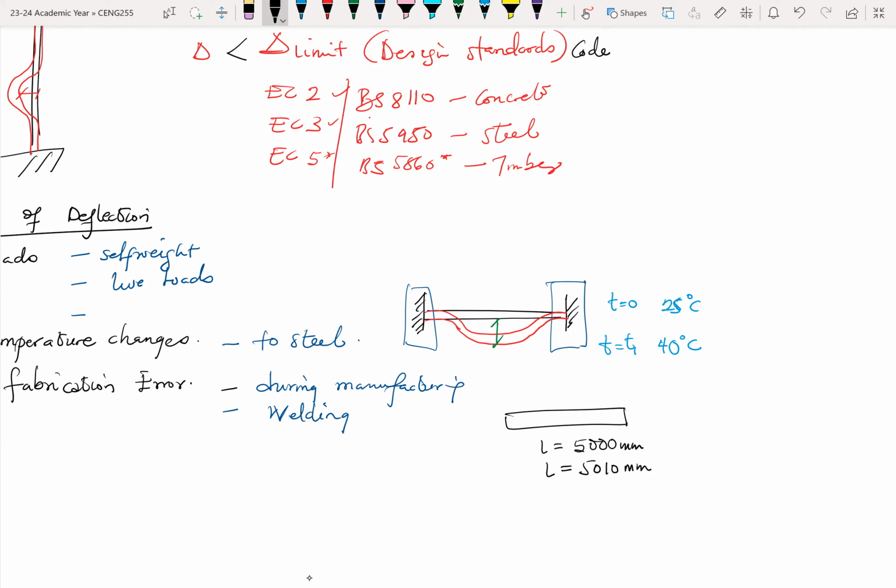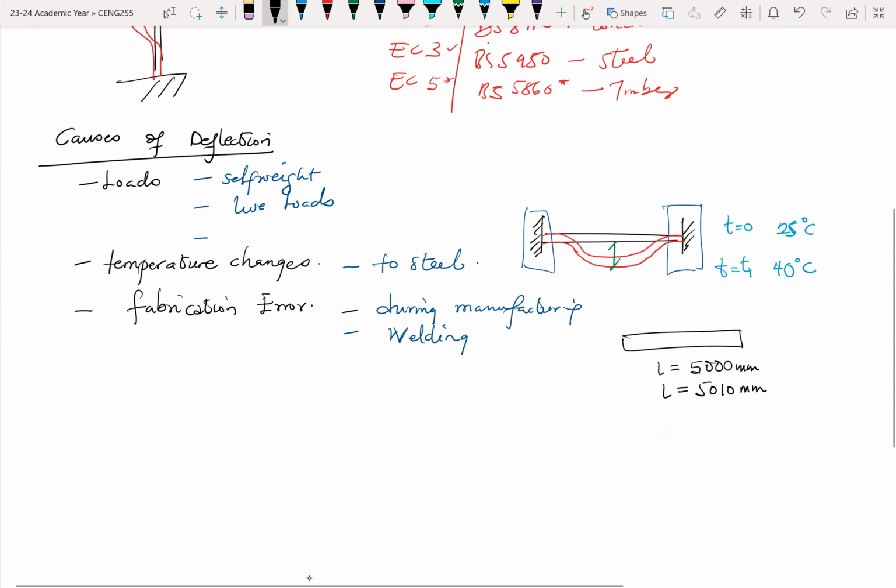So when you're trying to fix this into the building during the assembly process, you'll be forced to fit the 510 mm beam into a space of 5,000 mm. So it means that that extra 10 would have to be pushed somewhere, and this could cause the beam over time to also deflect to accommodate the smaller space it finds itself in. All right. So all of these are taken into consideration.